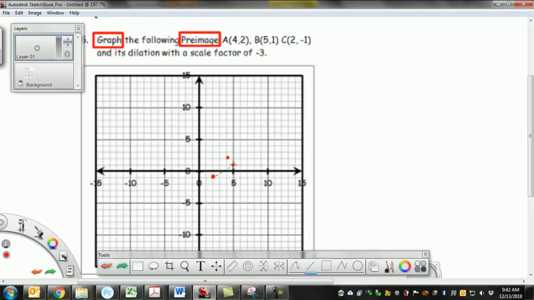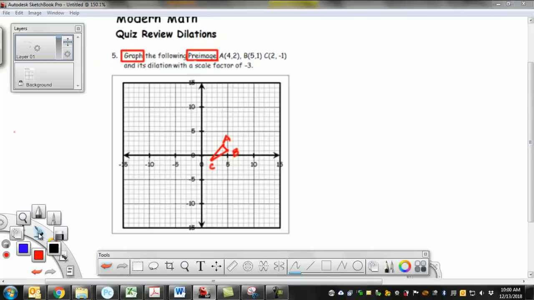There is the first side. There we go. And let's go ahead and label this. There's A, B, and C. Now let's take our ordered pair, and we're going to do a dilation with a scale factor of -3.